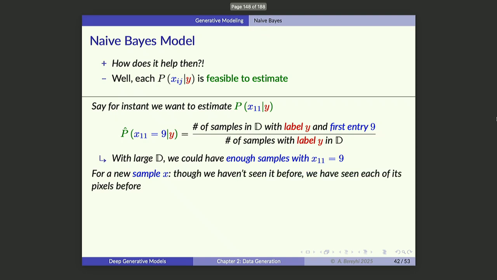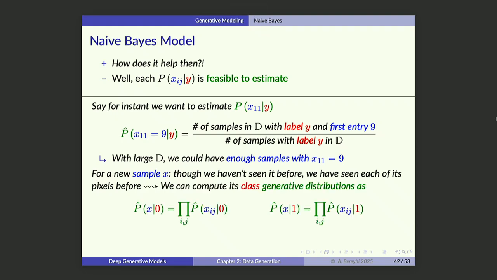So even though I haven't seen x itself before, for every single pixel of it, xij, I might have seen lots of samples whose xij is exactly the same value with label 0, and whose xij is the same value with label 1. So it means that I can go ahead for all the pixels inside my data set and compute all of these marginal distributions.